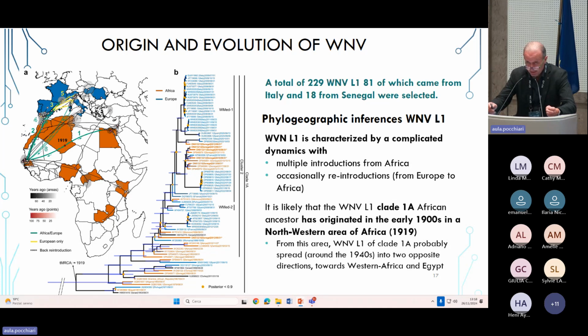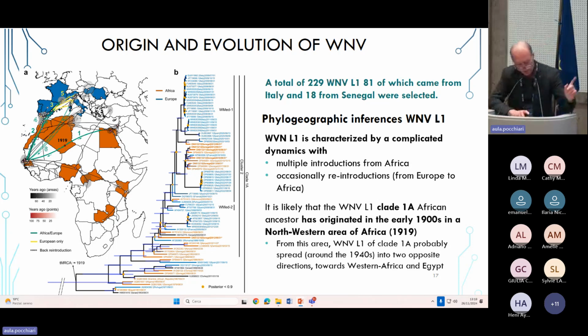It is likely that West Nile virus clade 1A, in other words, the African ancestor of this clade, originated in the early 1900s, in 1919, from a northwestern area of Africa.